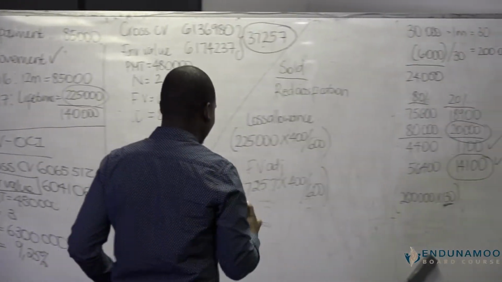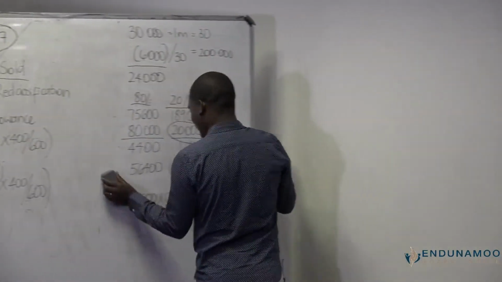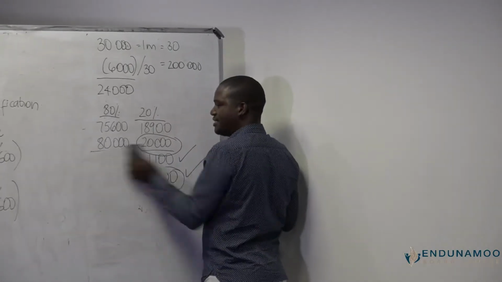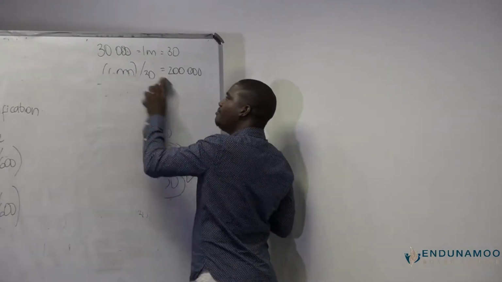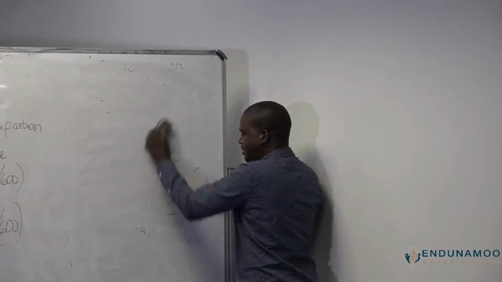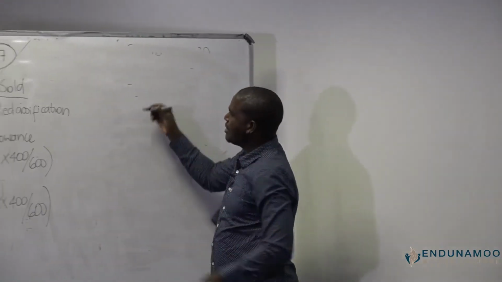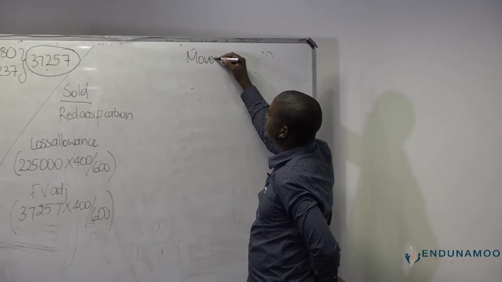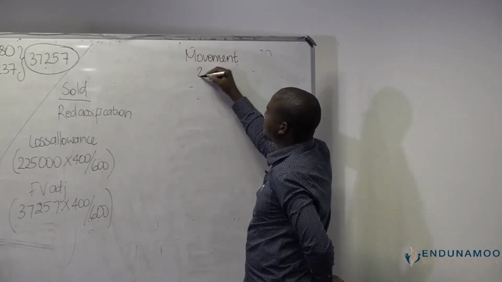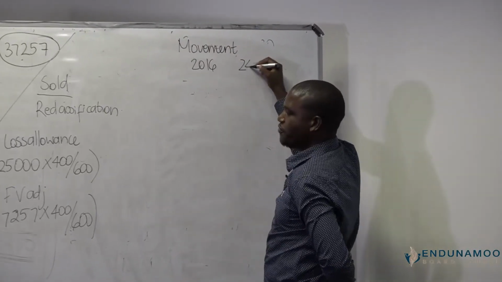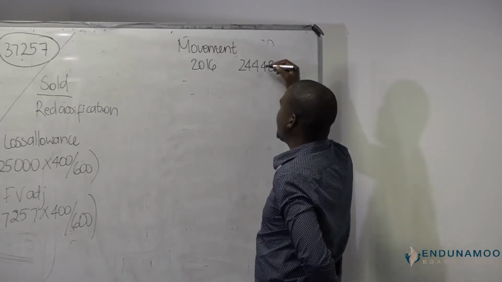No, are you sure you don't do the following? Because remember that the movement has to be what? The movement is that 2016 balance of 24448, right?